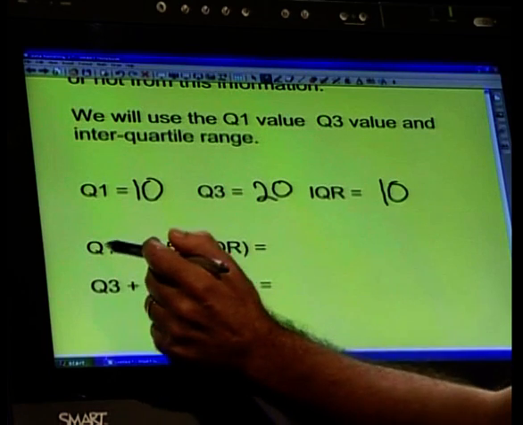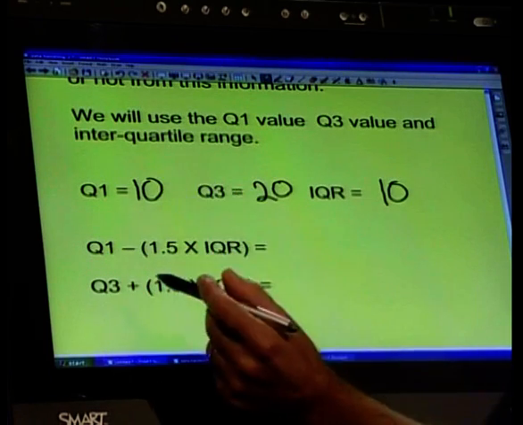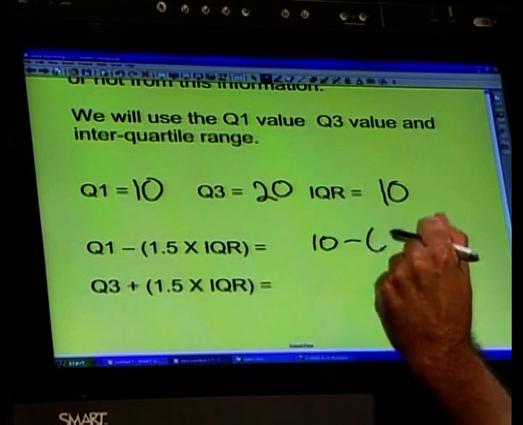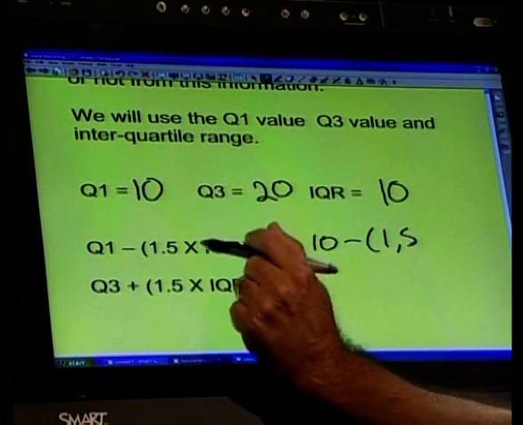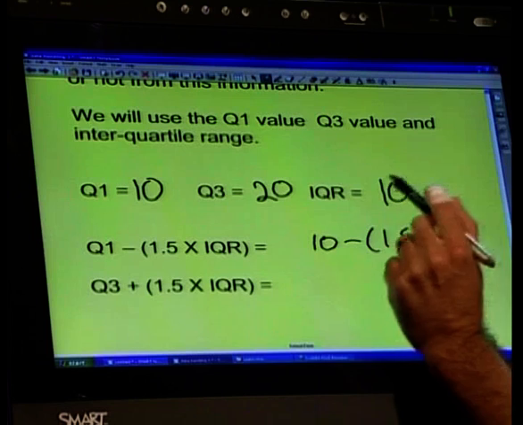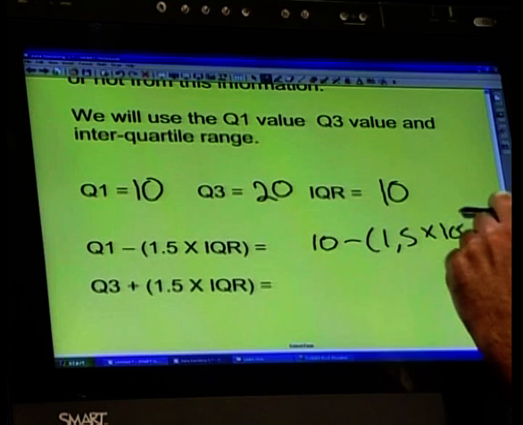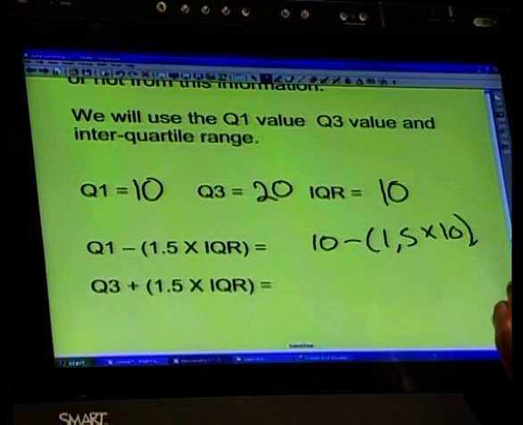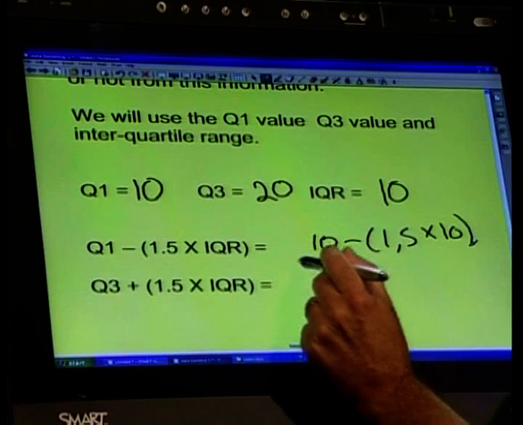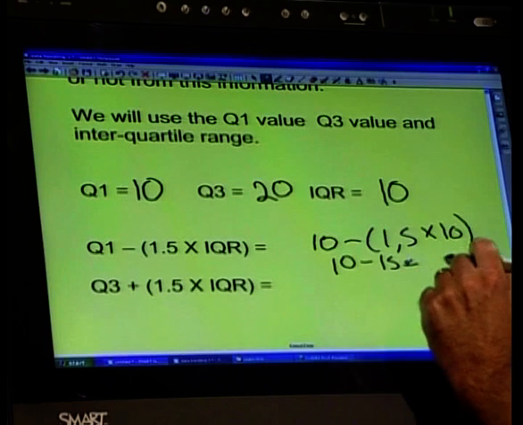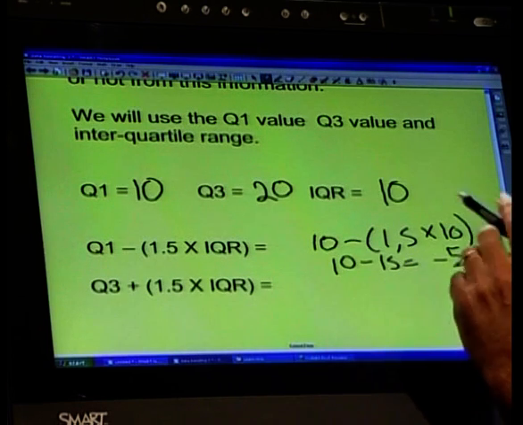So we know that Q1 was 10. We're going to subtract 1,5 times the IQR being interquartile range, and that again was 10. So 1,5 times 10 is 15. That means we have 10 minus 15, which equals -5.